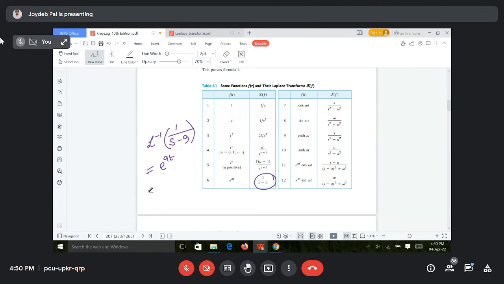Fine. Can you tell me what is the Laplace inverse of 1 by s square minus 1? First of all, you find the form in the second column.